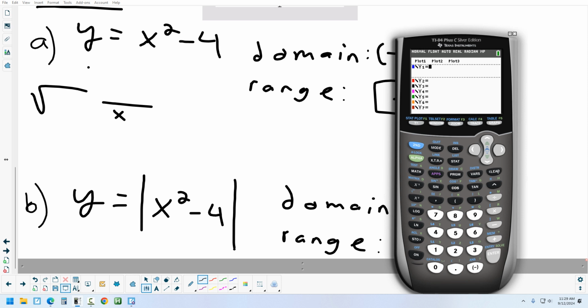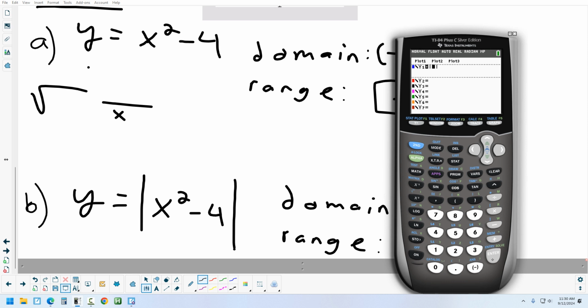So we can type in, I don't think I showed you absolute value yet. It's under math. And then you're going to press the right arrow and go to number. The first thing you see under math and number is ABS. Press enter, and you should get your absolute value symbols.